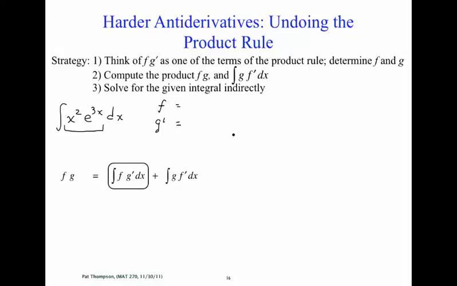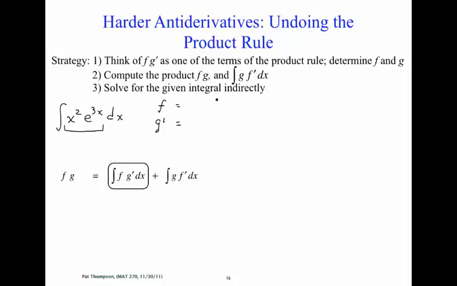We either have some knowledge of which one's f and which is g prime based on experience and practice, or we just give it a shot, and if it doesn't work out, we try the other way.